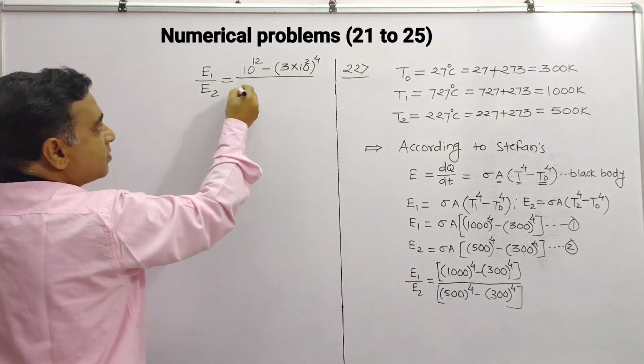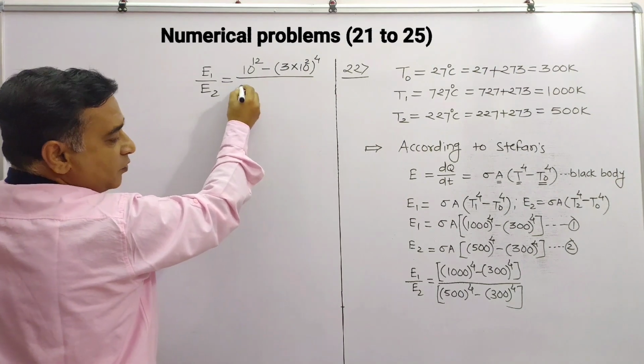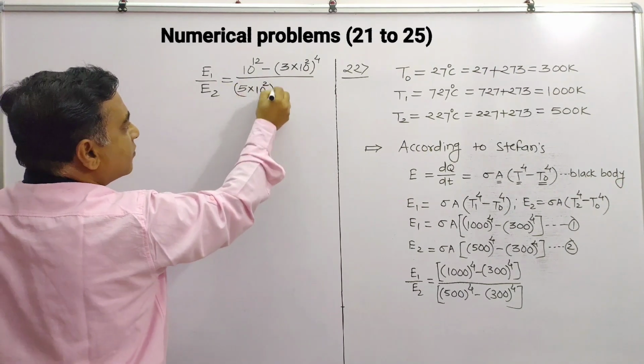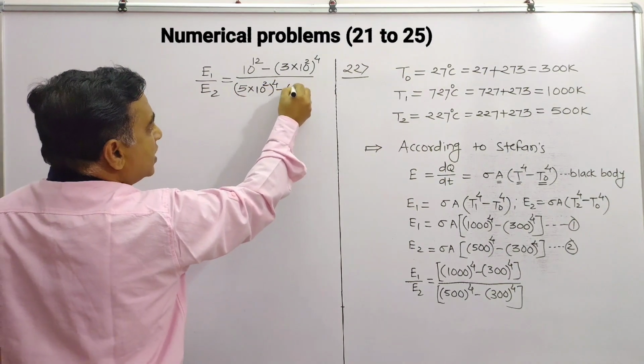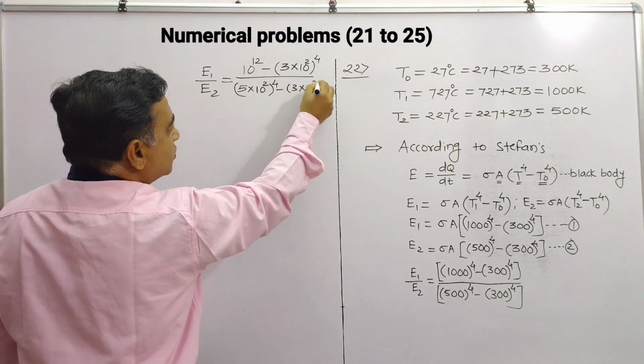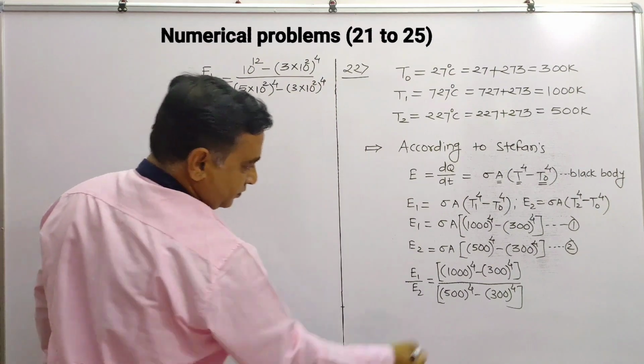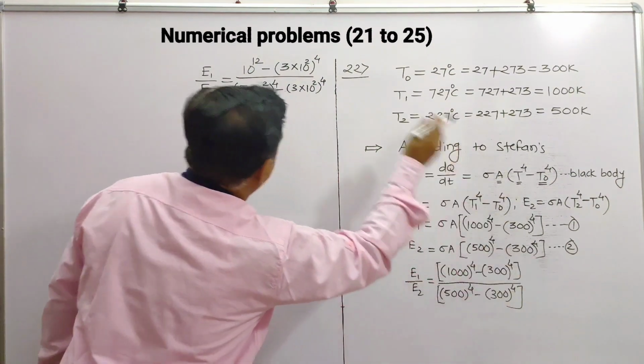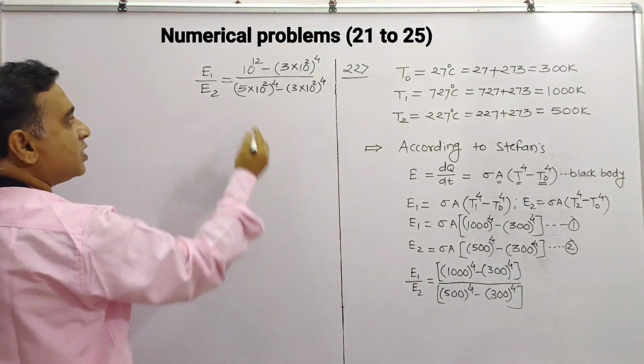One more step: 500 is 5 into 10 raised to power 2, raised to power 4, minus 3 into 10 raised to power 2, raised to power 4. As it is raised to power 4, I am going to substitute.